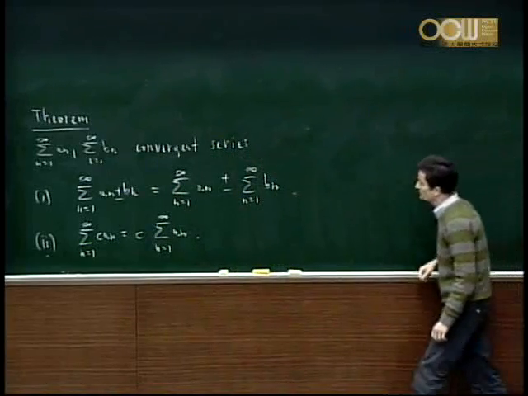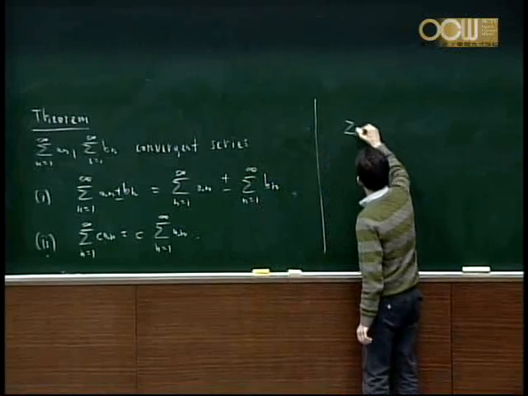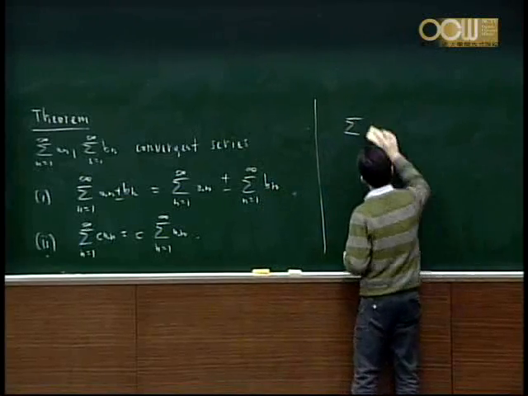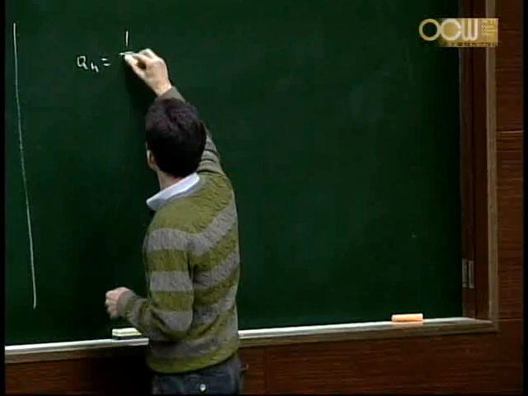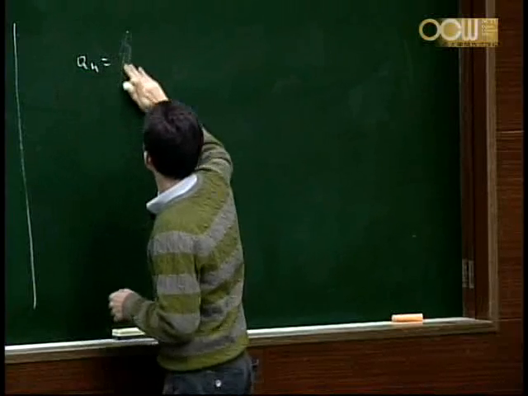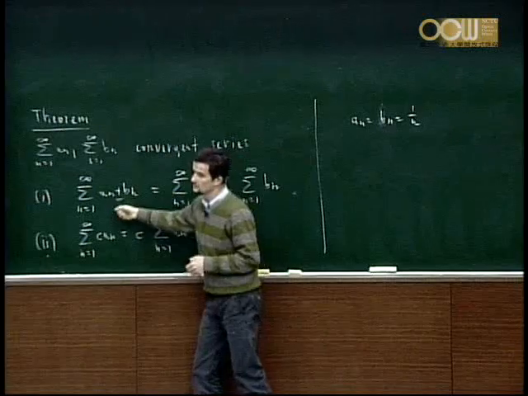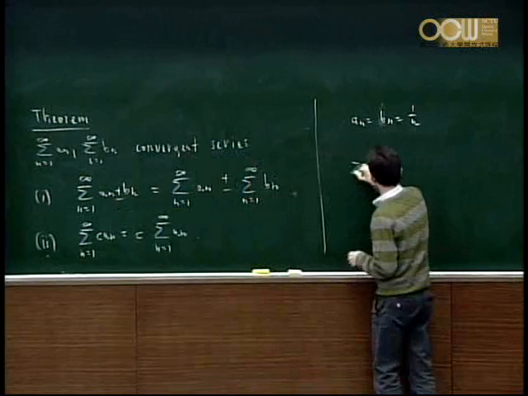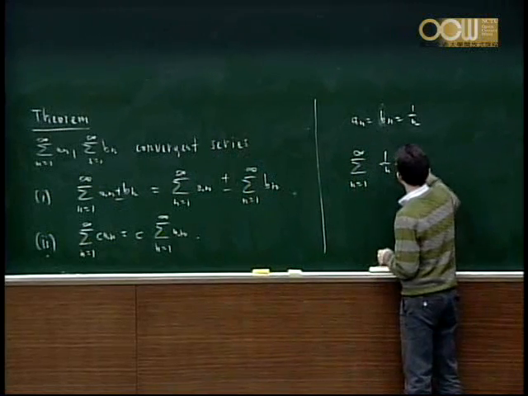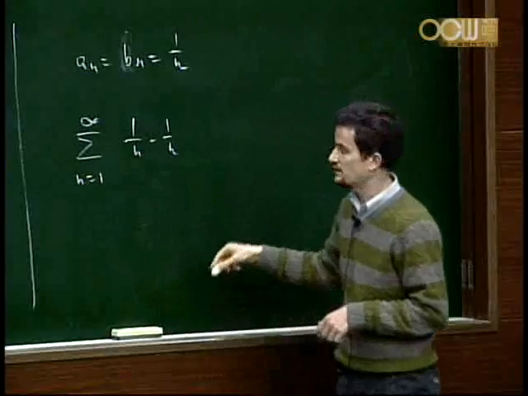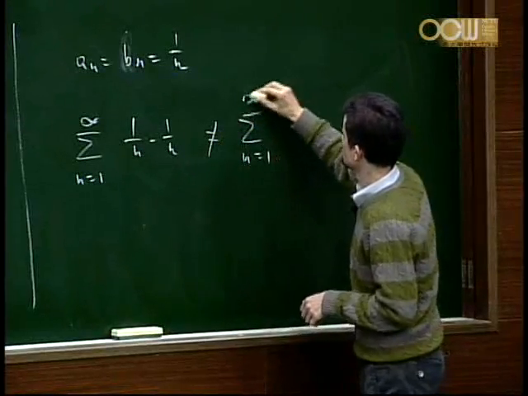Okay, so an easy example is: if you look at the first property and you have a_n equal to, let's say, b_n equal to 1 over n, and you look at the minus property, then you see that this series here is convergent, but you are not allowed to break it into 2 parts.